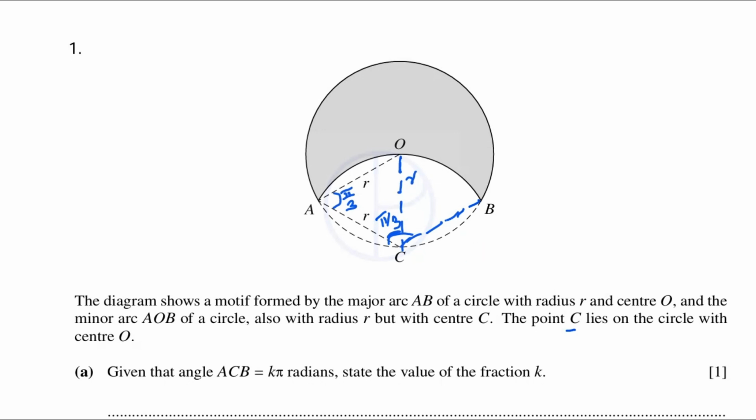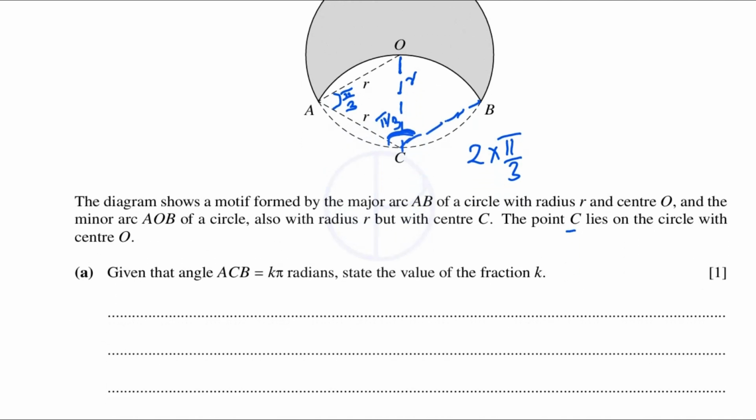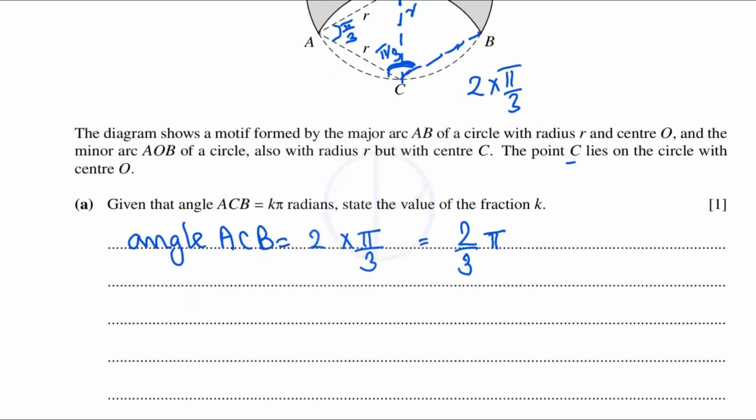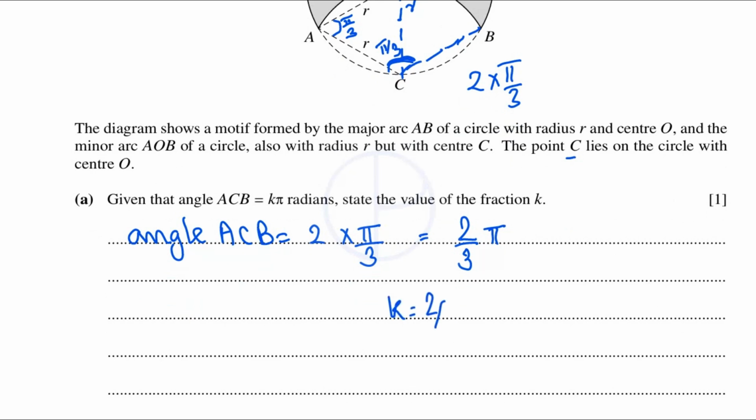So angle ACB will be 2 times pi over 3, which is equal to 2 over 3 multiplied by pi, and this is of the form k pi radians. So k is equal to 2 over 3.